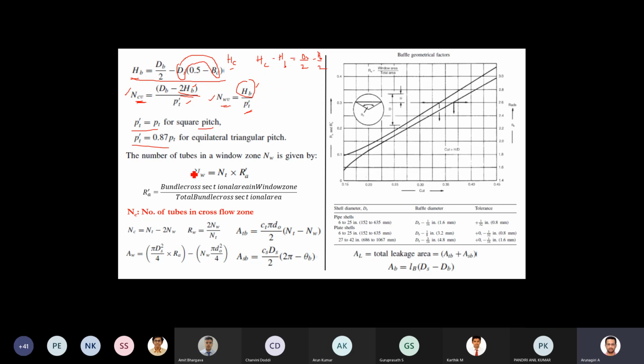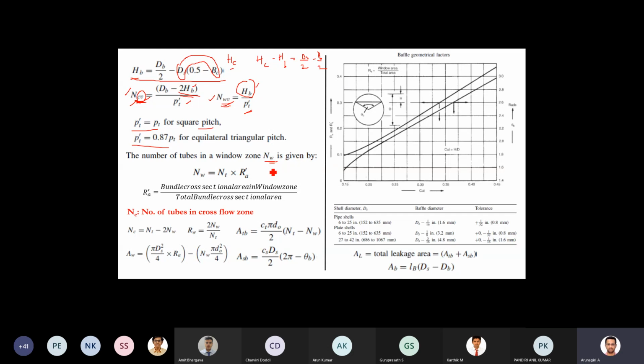The number of tubes in the window zone is represented by NW. As I already told, the double subscript indicates the number of vertical tube rows. V is vertical tube rows, W is window zone, and C is cross flow zone. The single subscript always represents the number of tubes.